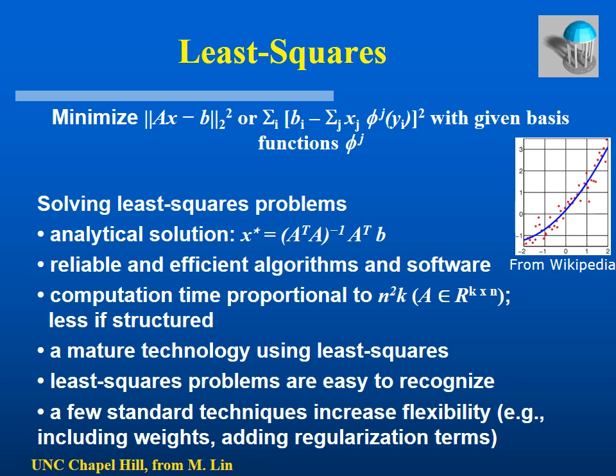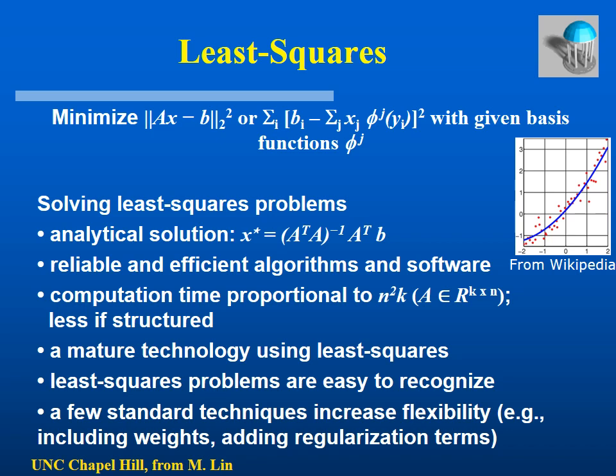In some other situations, we have a set of so-called basis functions. An example is a quadratic polynomial, let's call it a polynomial in y, which has the basis functions 1, y, and y squared.